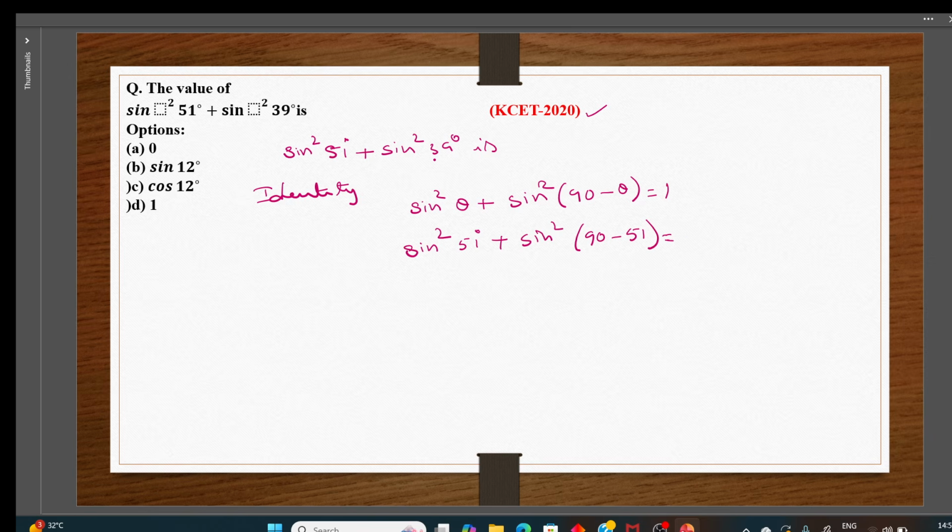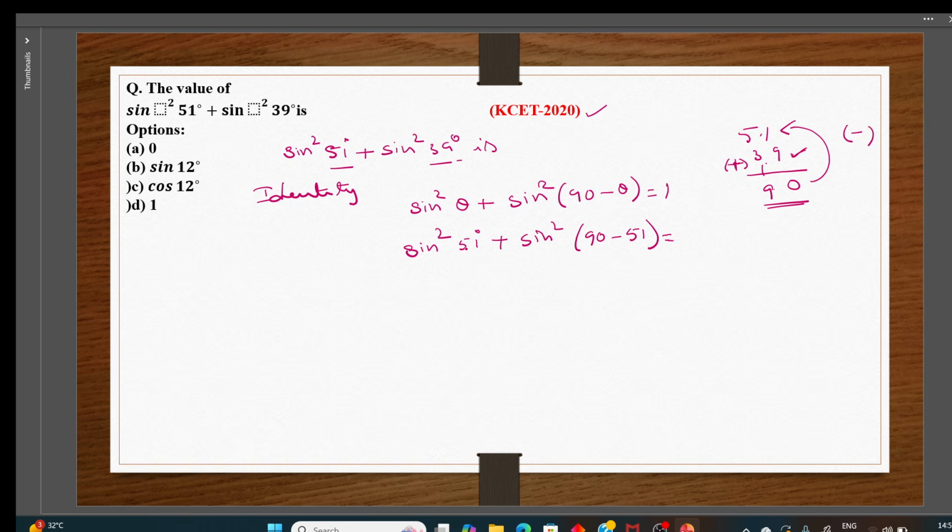We have to check these two first. 51 plus 39. 90 minus 51 is equal to 39.